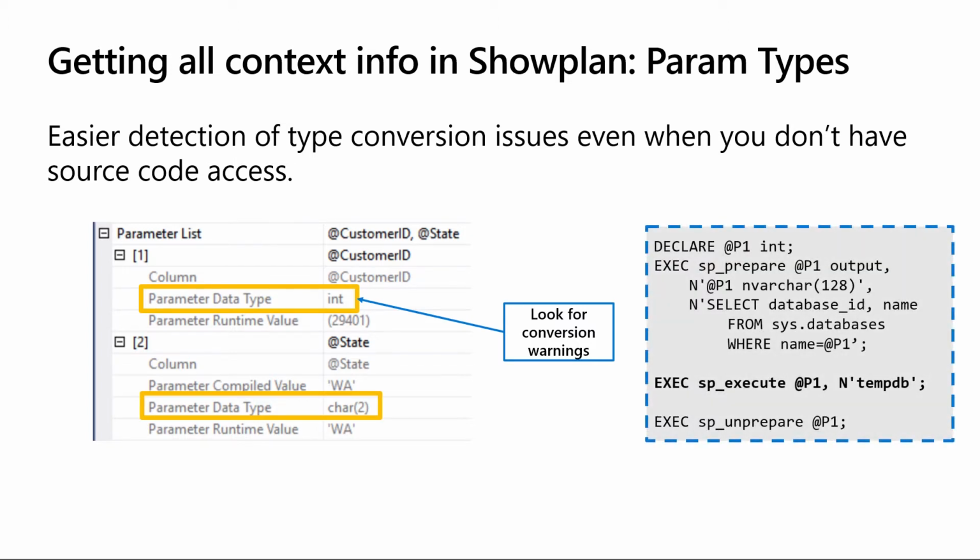But there are scenarios where we don't really have access to that source code, because all you see in your trace as you are looking at a plan is, for example, this sp execute. And this is executing previously prepared code. And if you have a pattern like this, that you prepare some queries that output a handle, and then it goes minutes without you actually executing that code. In the meantime, you may have thousands of events between these 2 points in time, between the sp prepare and the sp execute.